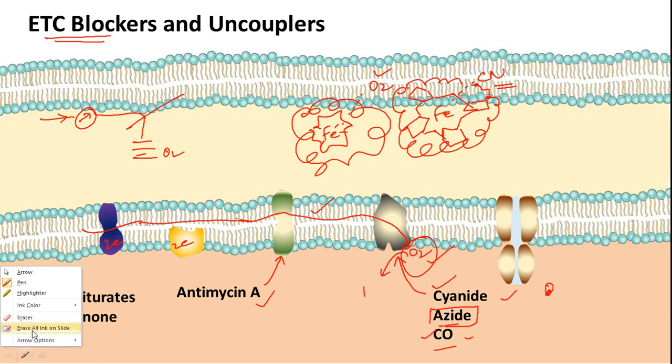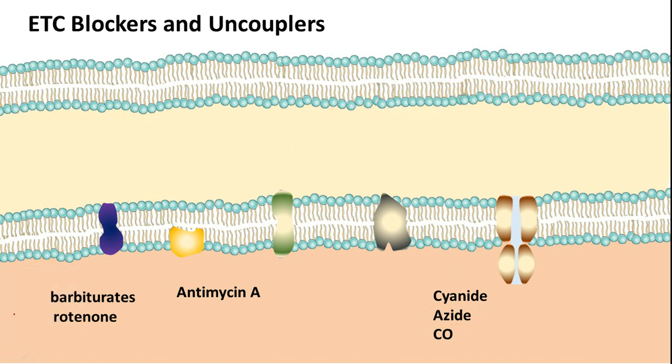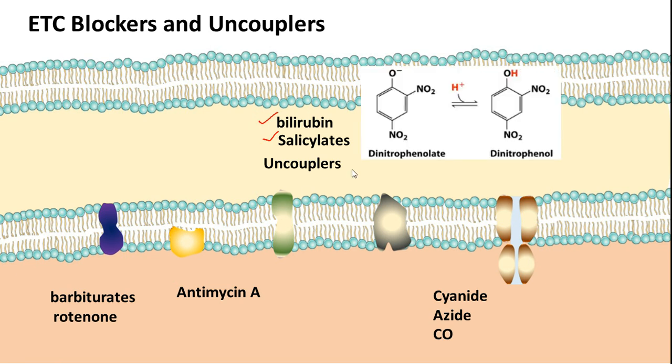We'll move on to the next concept, that is uncouplers. In case of uncouplers, we have a few examples here. One is bilirubin and salicylates, and we do have one more chemical, that is dinitrophenolate.